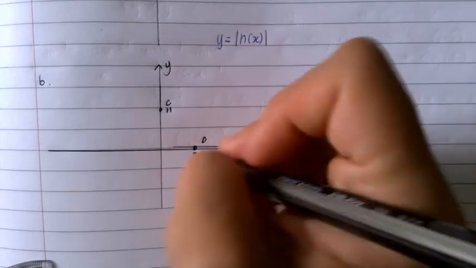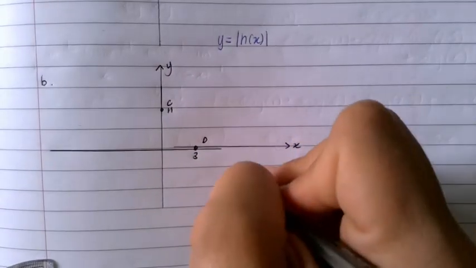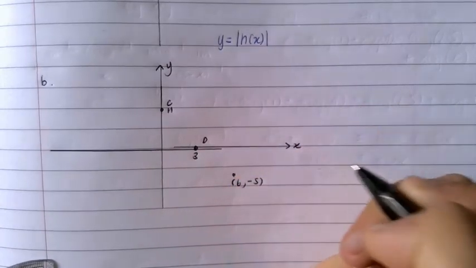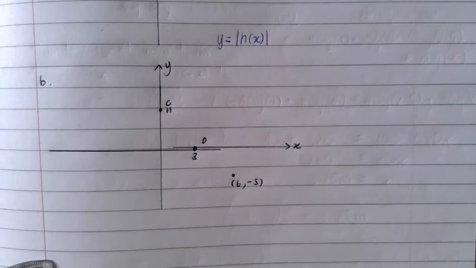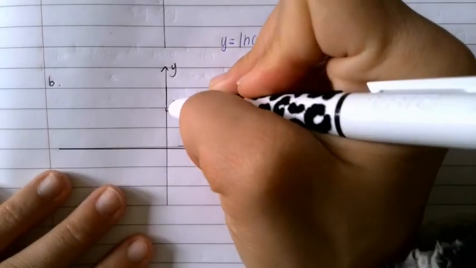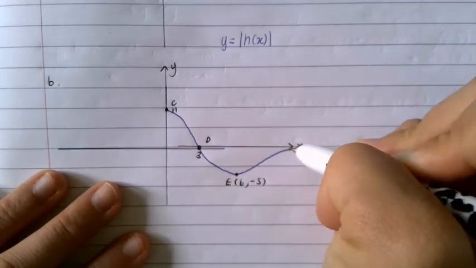And then we have point E down here. So all of this part of the function for x greater than 0, we're keeping. That was point E. So our graph goes a little bit like this, and then tails off like that.